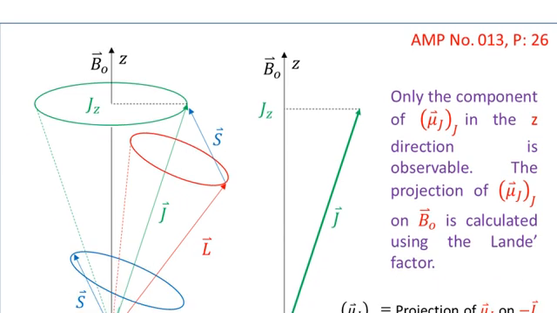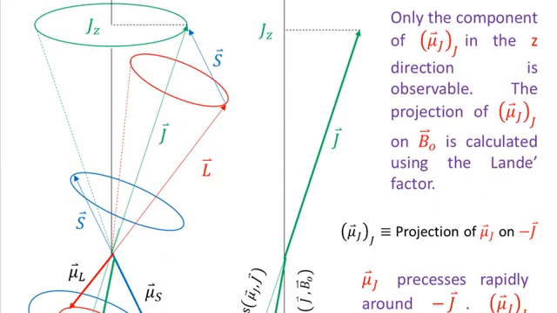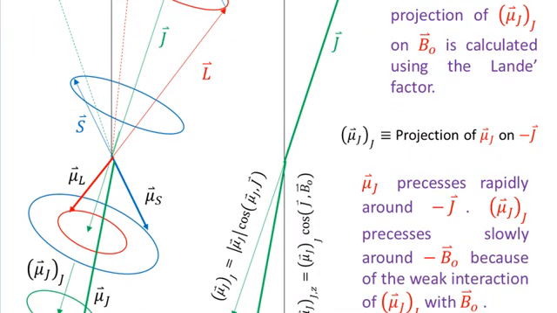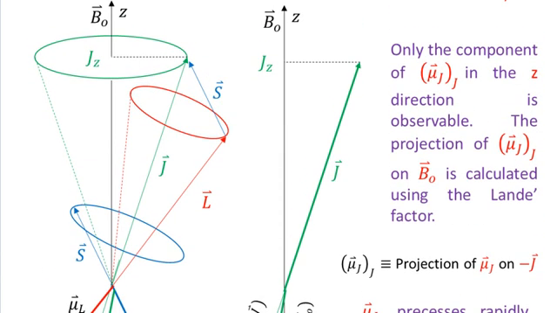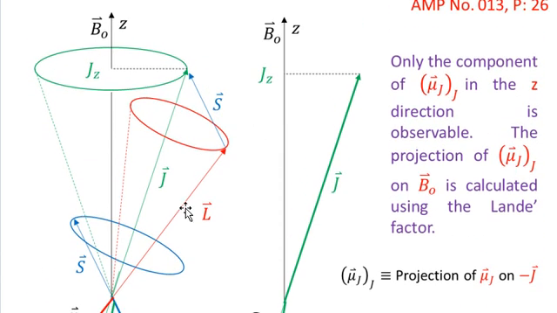Now here I am going to discuss the diagram. This is the diagram in which we have applied the magnetic field to the atom. So first of all, I shall talk about the upper part of this figure. You can see I have the spin angular momentum, which is shown by capital S. I have the orbital angular momentum shown by capital L. And I have added capital L and capital S by the head to tail rule, because these two are vector quantities.